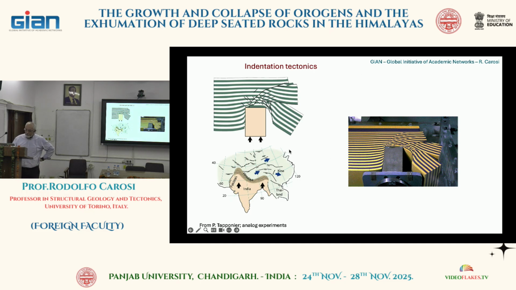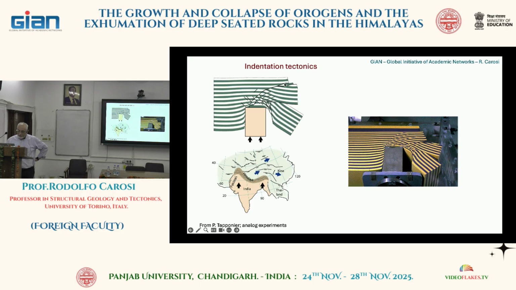The Himalayan belt is also famous for the indentation tectonics developed by Paul Tapponnier in the 70s. He made several analog experiments with plasticine and wood, and he was more or less able to reproduce the main faults related to the movement of India to the north, indenting into Asia.